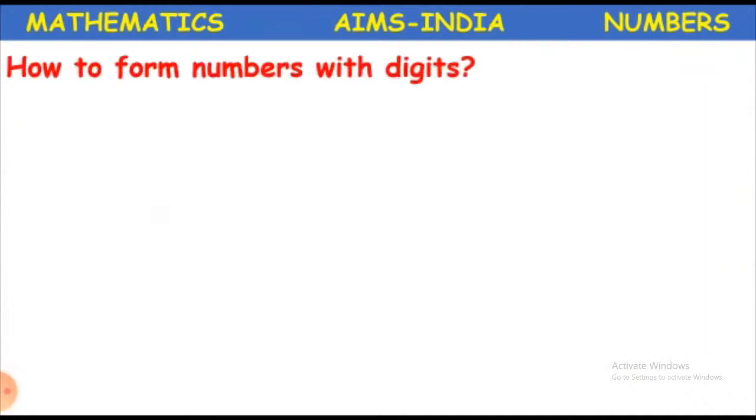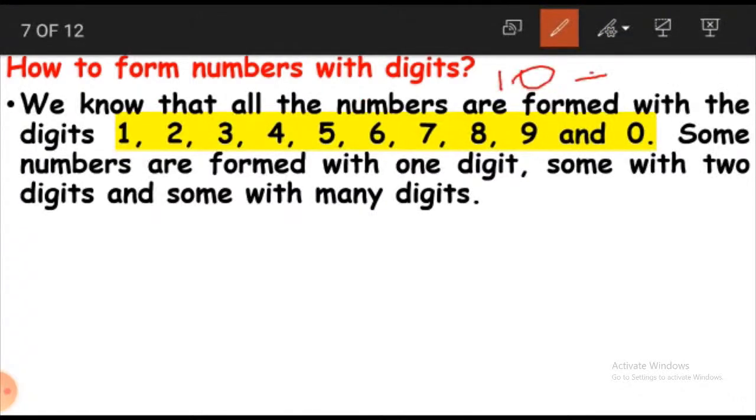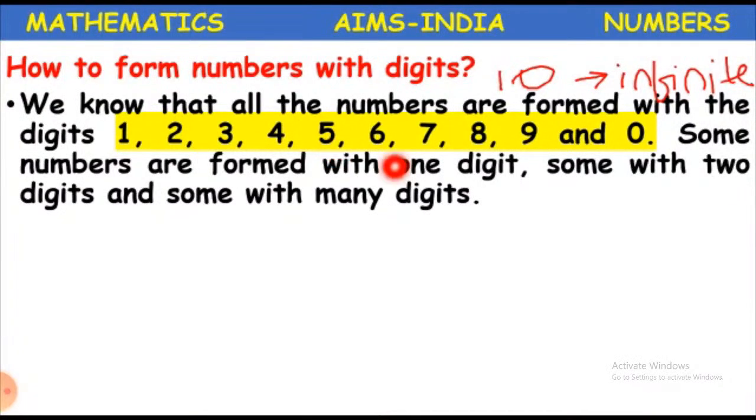Moving on to the next slide, how to form numbers with digits. We've learned those 10 digits are used to form infinite numbers. So, these 10 digits are 1, 2, 3, 4, 5, 6, 7, 8, 9 and 0.